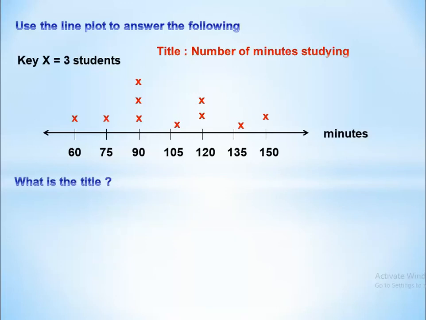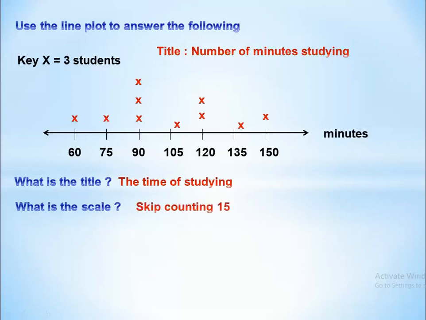What is the title? The title is number of minutes of studying. What is the scale? The scale here is skip counting, from 60 to 75, skip count 15. The scale here is skip counting 15. The previous one was skip counting 5.